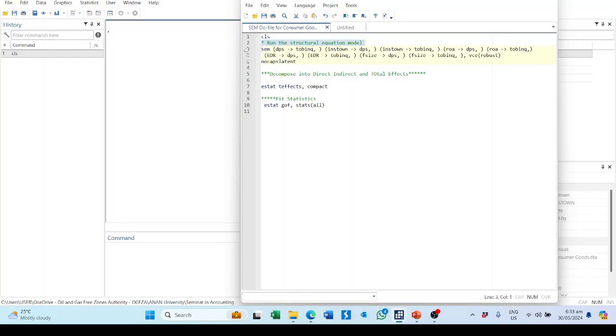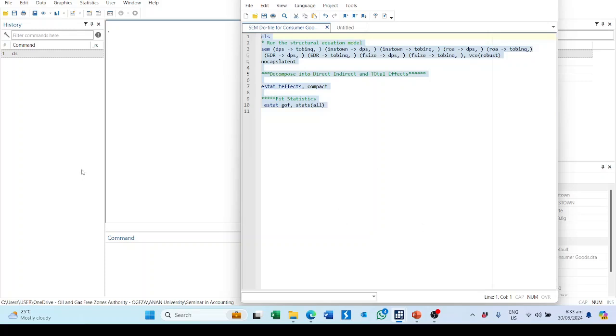This is the SEM command, and we are going to decompose after running the structural equation model. We decompose it into direct and indirect effects, and we also carry out the fit statistics. So without much ado, we'll run the do file now.